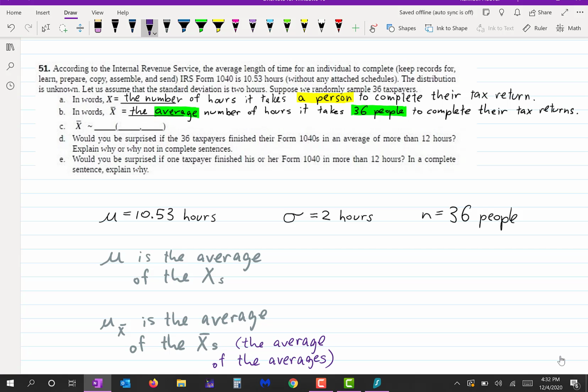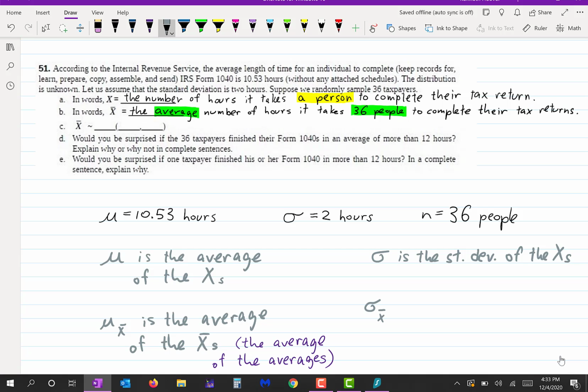Okay? And same thing with the sigmas. Sigma is the average of the x's. Sigma x bar, oh, sorry, not average, standard deviation. Let me write it down. Sigma is the standard deviation of the x's.